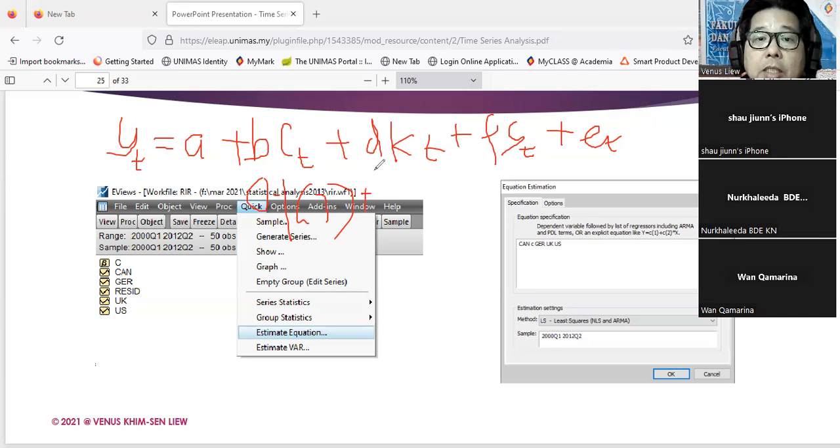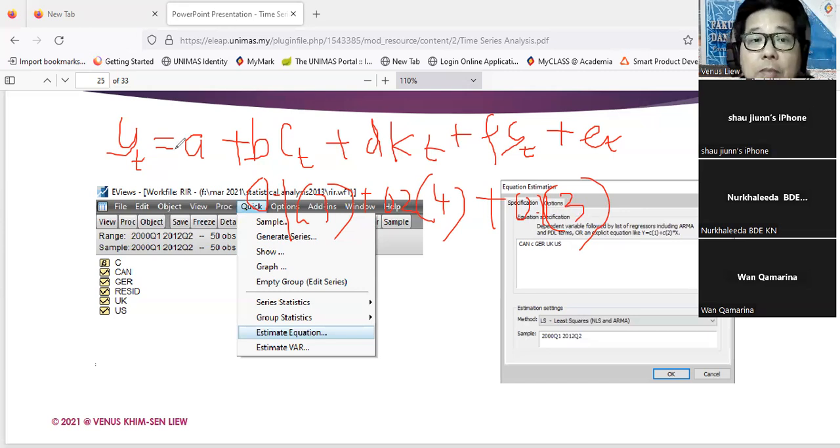Let's say D is 0.2 and the Canada interest rate is 4, so this adds 0.8. And this is, let's say, 0.1 again. The real interest rate in the US may be, let's say, 3%, so 0.3.